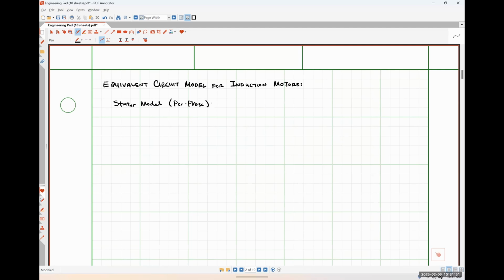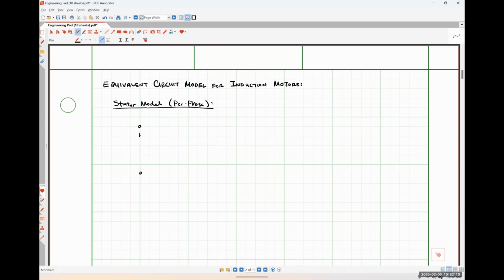So we've got our simple stator model, and it is going to look incredibly similar to the model we use for the primary side of a transformer, right? So I'm going to have a set of terminals over here.